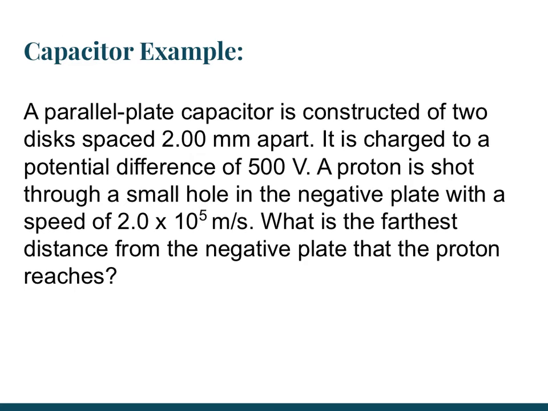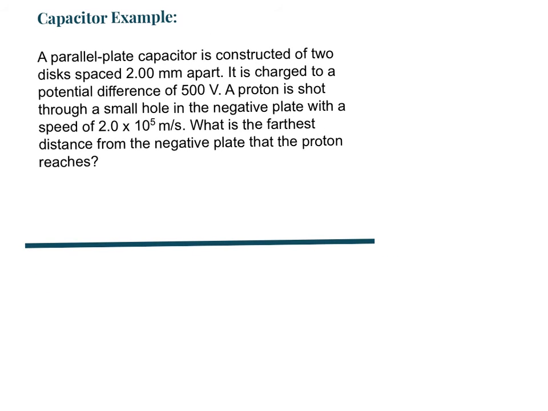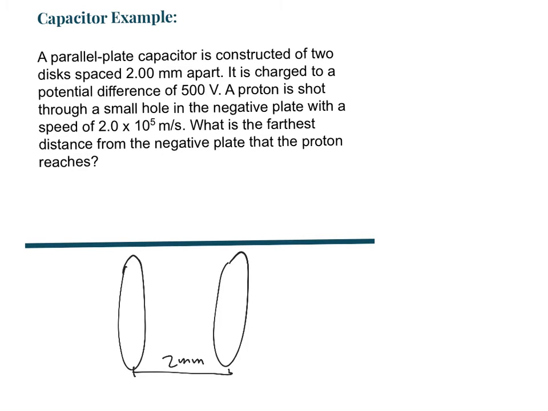All right, so before we move on to point charges, we're going to look at a specific example with a capacitor. It says a parallel plate capacitor is constructed of 2 discs placed 2 millimeters apart. So we're going to look at 2 discs, and the distance between them is 2 millimeters, which is 2 times 10 to the negative third meters.